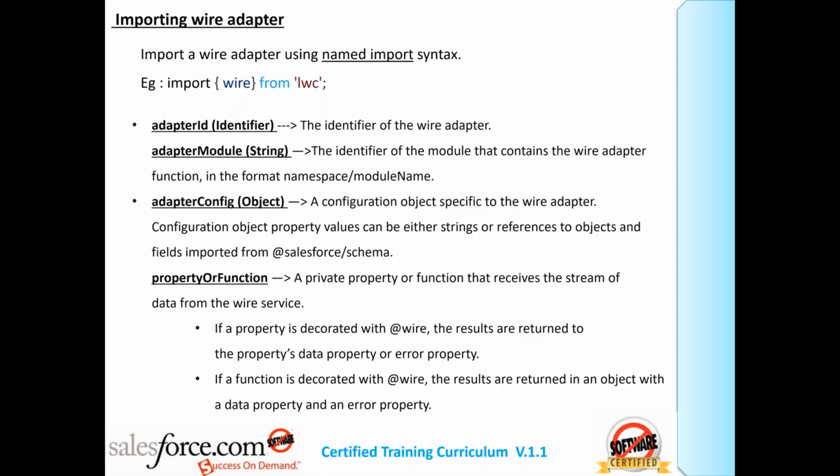So here, the adapter config can be decorated. Remember this. Whatever program you are writing is a decorator. What program are you writing? You're configuring the wire service, an inbuilt service already pre-written by Salesforce.